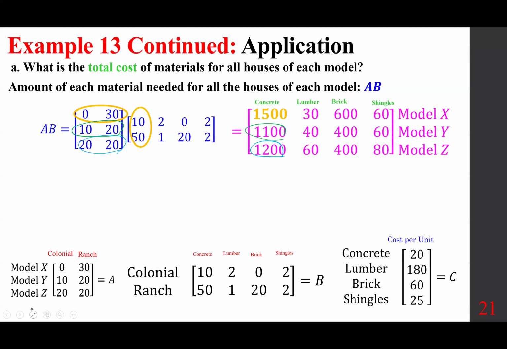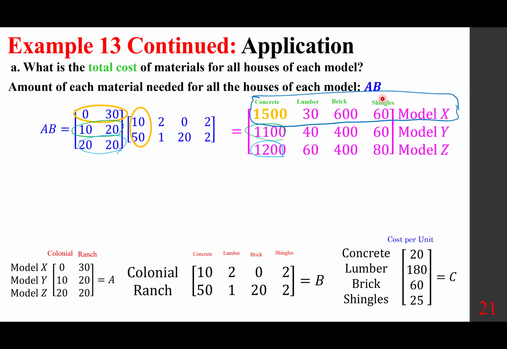As an example, let me just box that so you see what I'm talking about. This one means what I just mentioned. What about the second model, Y? That needs 1100 units of concrete, 40 units of lumber, 400 units of bricks, 60 units of shingle.